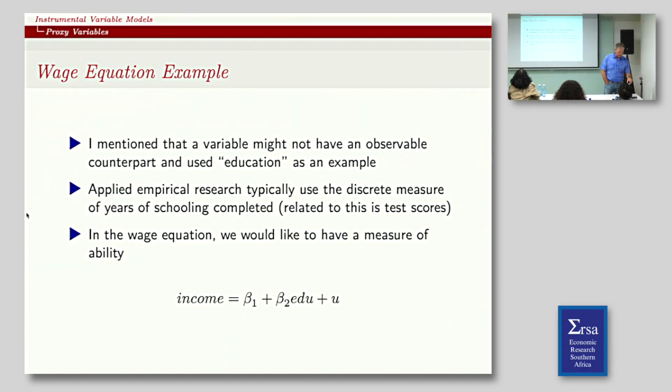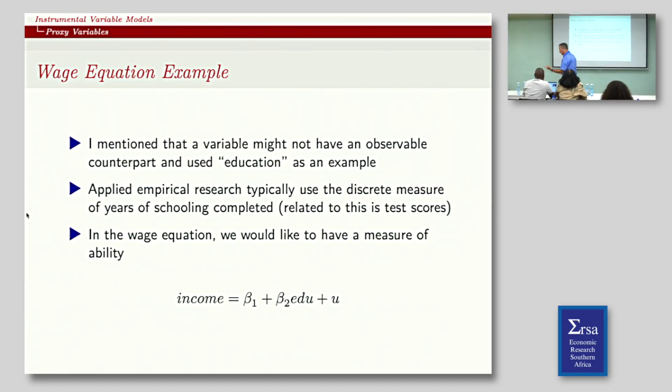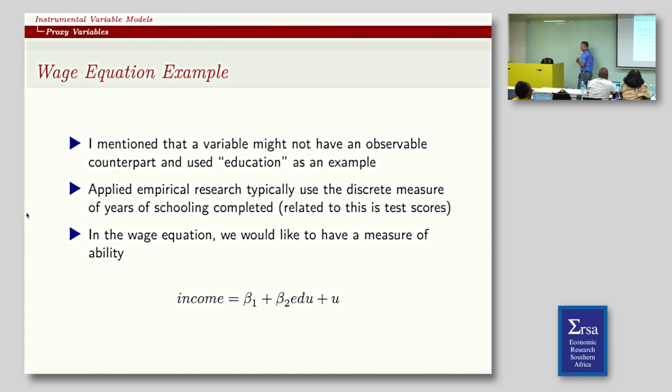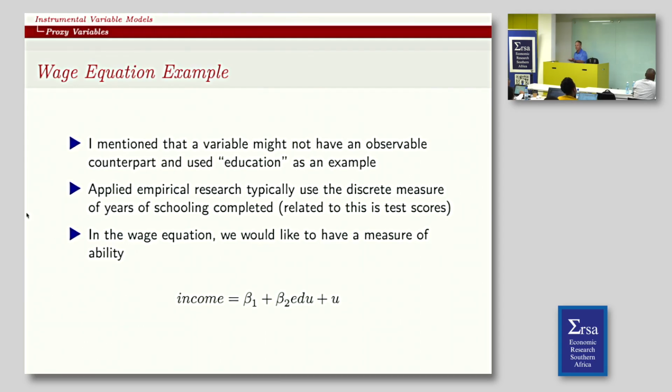Slightly turning the standard example on its head, we might say we would like to know how ability influences your earnings. We don't observe ability, but we might observe your education.